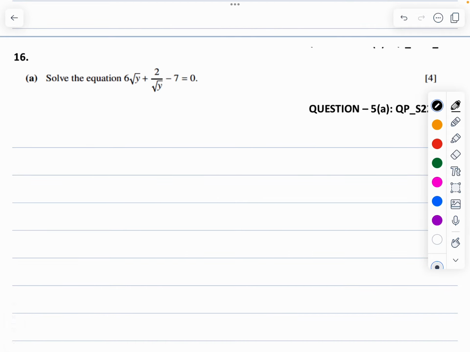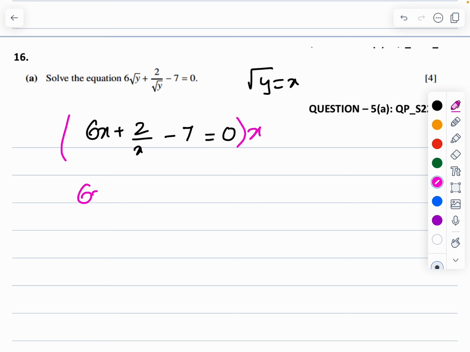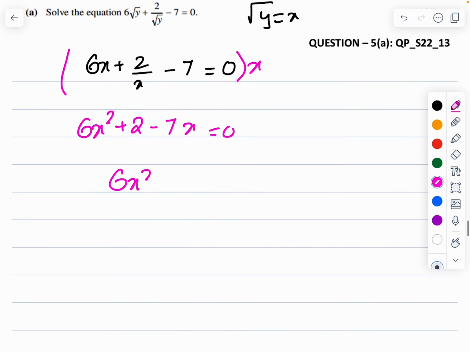Question number 16. Let root y equal to x. 6x plus 2 upon x minus 7 equals 0. Multiply by x. 6x square plus 2 minus 7x equals 0. So 6x square minus 7x plus 2 equals 0.